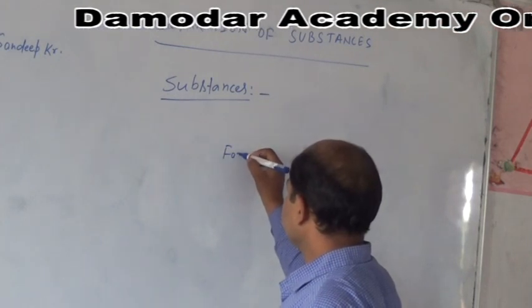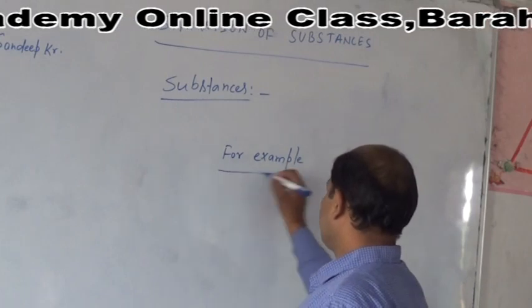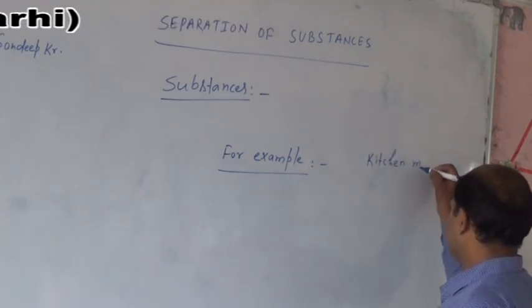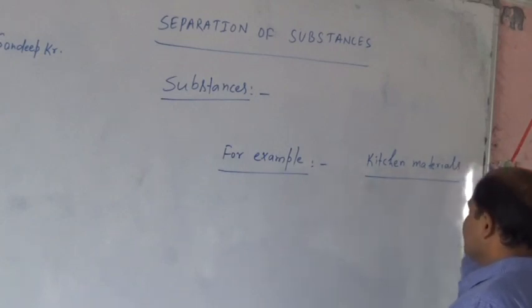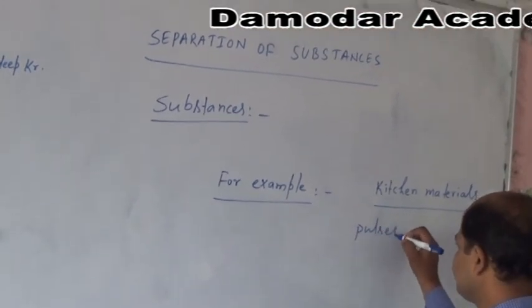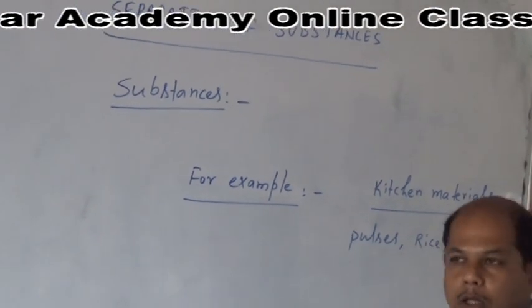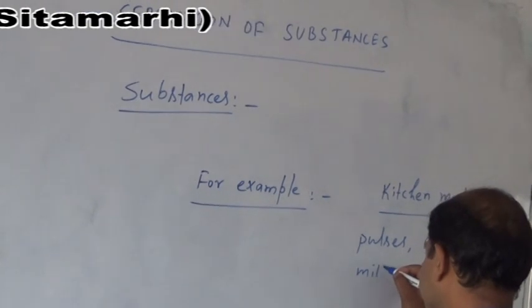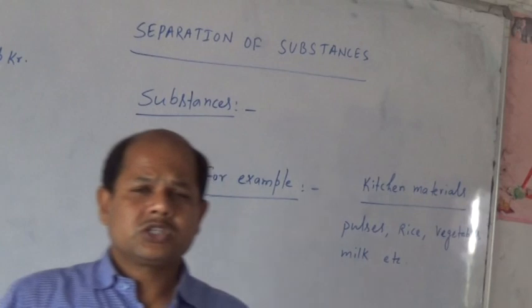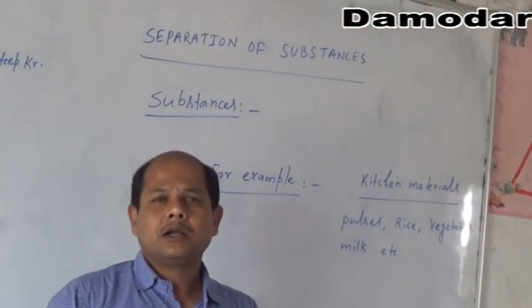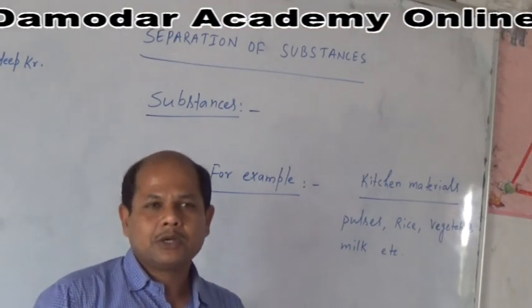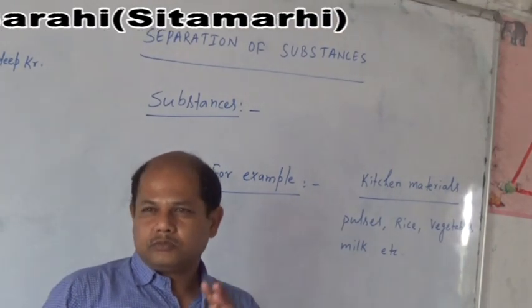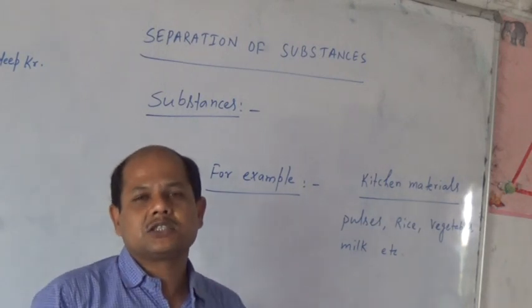For example, we have some kitchen material, such as pulses, rice, vegetables, milk, etc. Some substances have use in our bathroom, some in our other work, such as when we want to play a game or irrigate our plants. There are other substances which are useful for us.